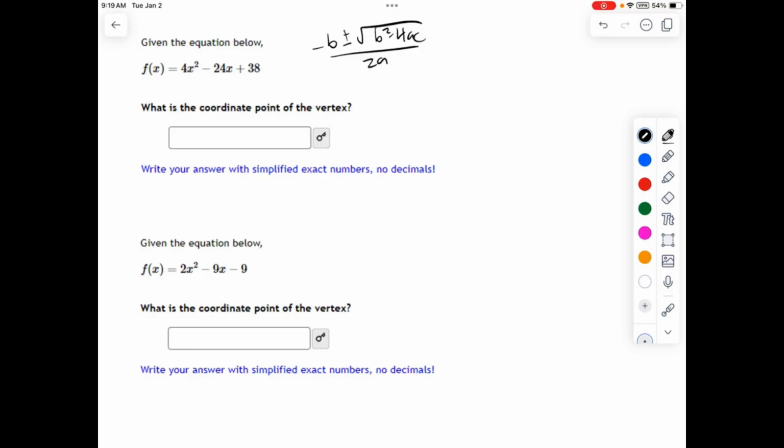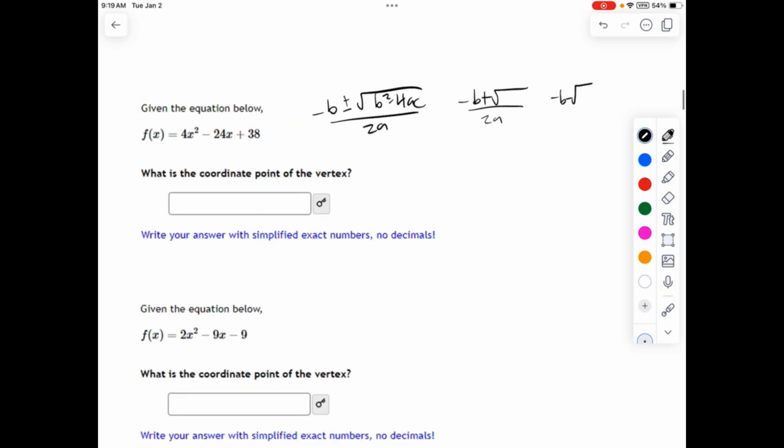When you separate those out, we have negative b plus the square root over 2a and negative b minus the square root over 2a. If we add those and take half, we get a really cool shortcut that will always work for standard form: negative b over 2a.